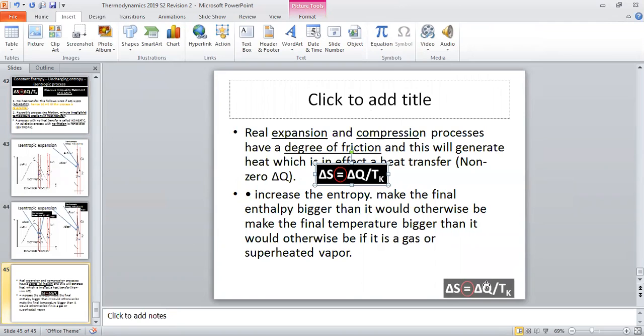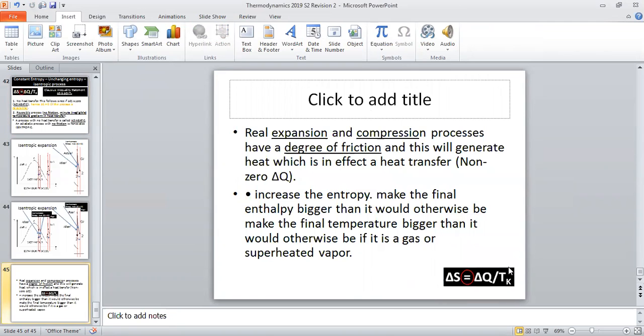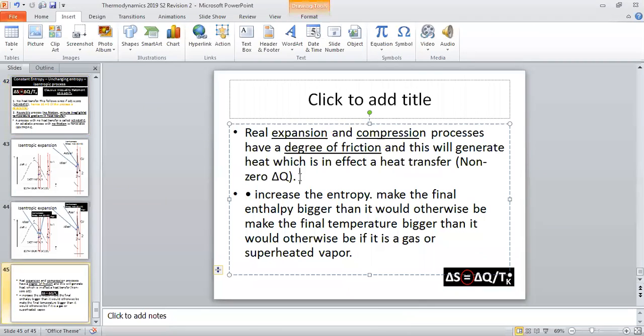So this is not possible. Non-zero delta Q means you have delta S. So this is non-isentropic, hence non-isentropic.